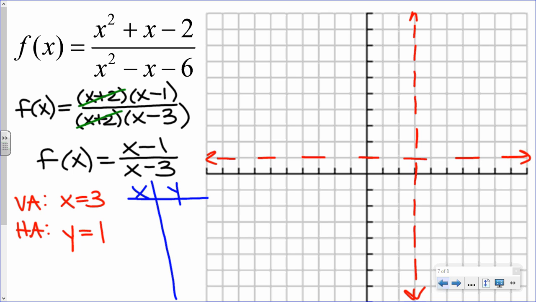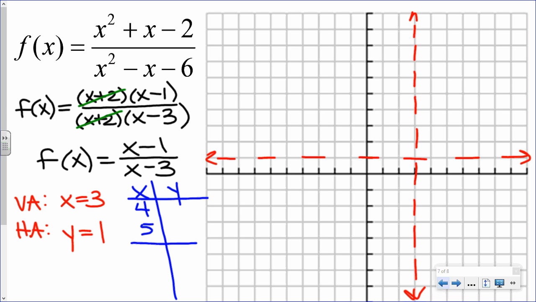Okay. So, same process. We're plugging in 2 to the right, 2 to the left. Our vertical asymptote is at 3, so we're going to plug in 4 and 5. However, I want you to plug into the simplified version. It's less to think about. We simplified for a reason.